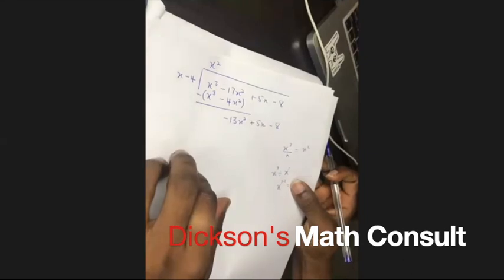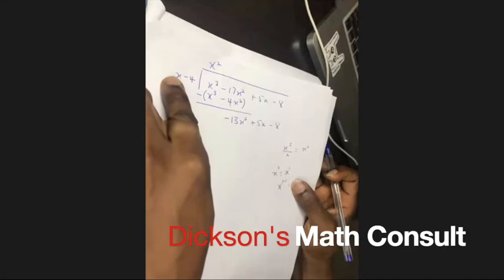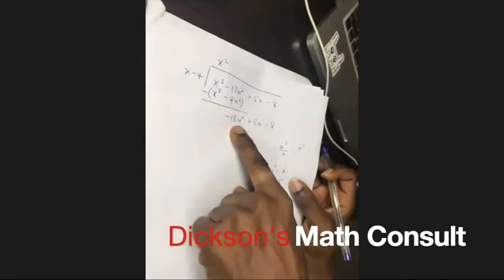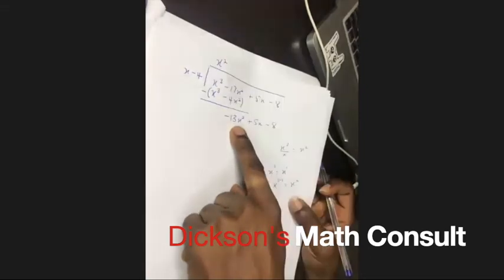Now my next step, I pick the x again and then I check the number of times the x is going into this negative 13x squared. Do you get it? Yes.